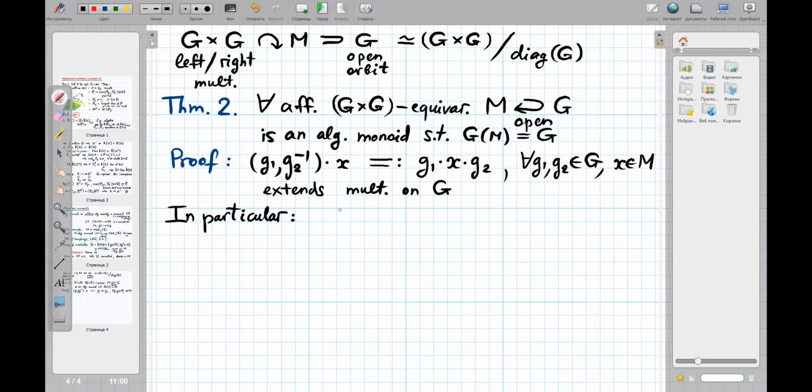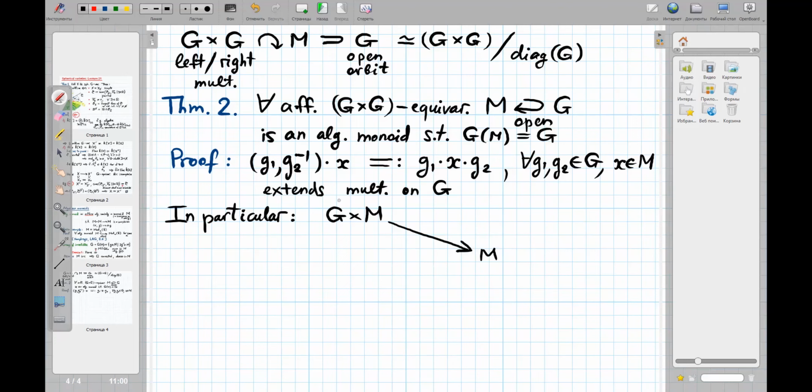We get the action map from G cross M to M. Let me write this second M here for some reason. You will see the reason.